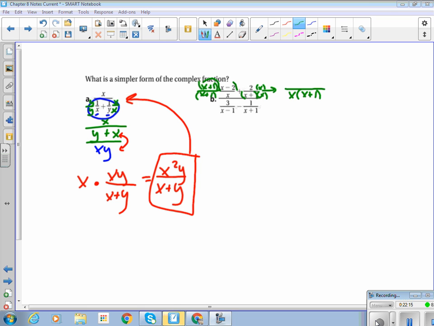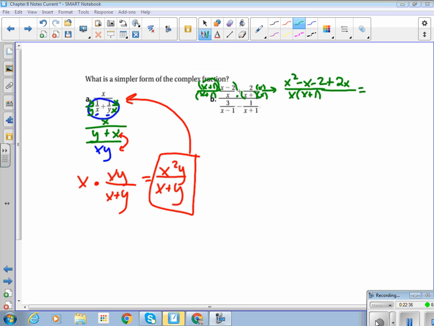x plus 2 times x minus 1 is x squared. 1 plus negative 2 is negative 1. And 1 times negative 2 is negative 2. And this one is a plus, so plus 2 times x is 2x.